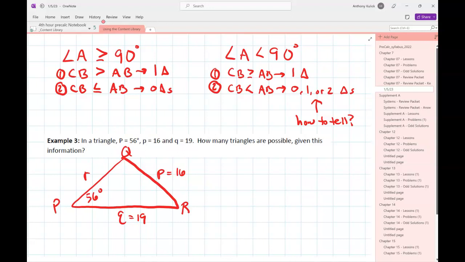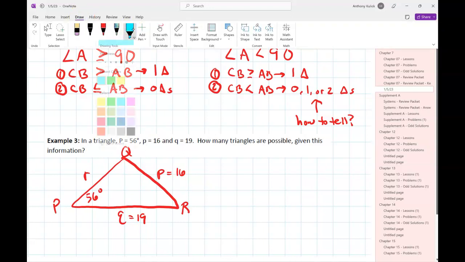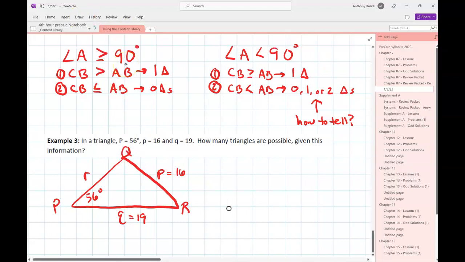Everybody's cool? The picture I've drawn. Is this the SSA situation? Yes, because the angle I have is not in between the two sides. Everybody see that?